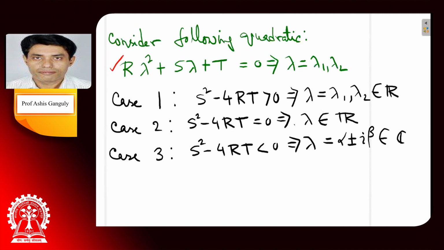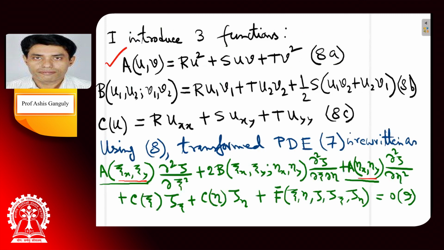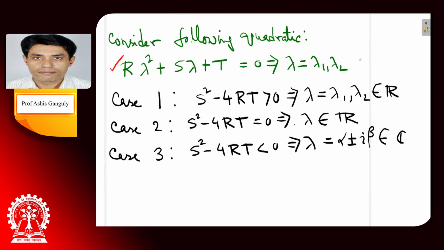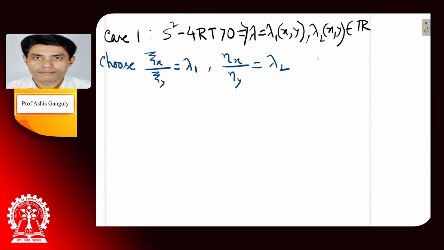What will be the equation number here? 9 was there. So let me give this 10 so that it is 11. 11 is a first order linear PD, right? 11 is a first order linear PD.